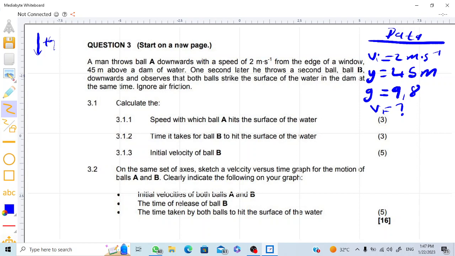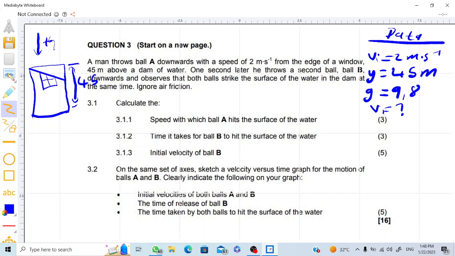Okay, now we are going to check. What do you have? We have a building, with a window there. Then you are just here, and the height of this is 45 meters.